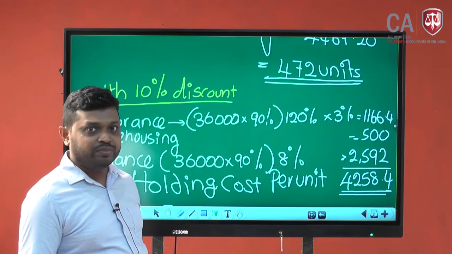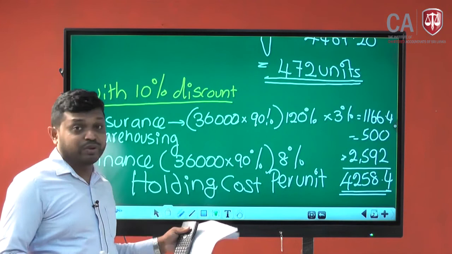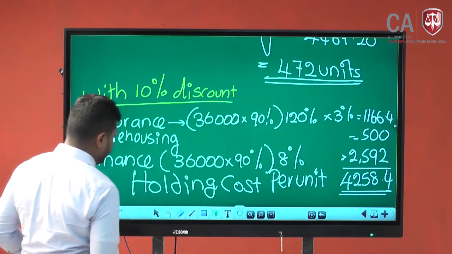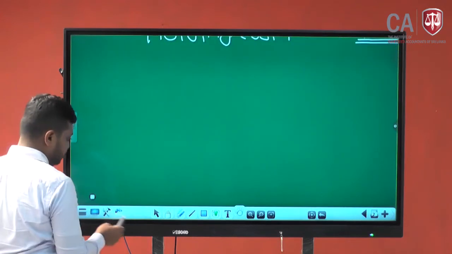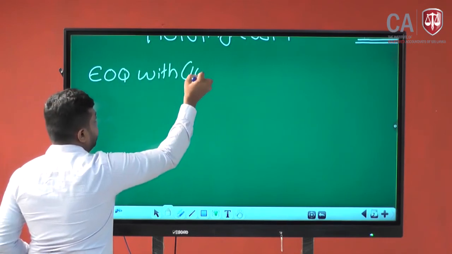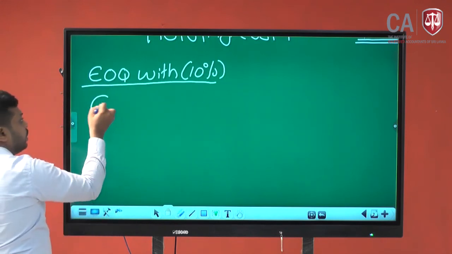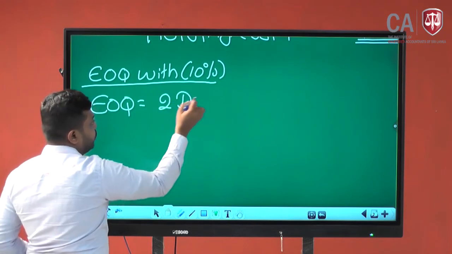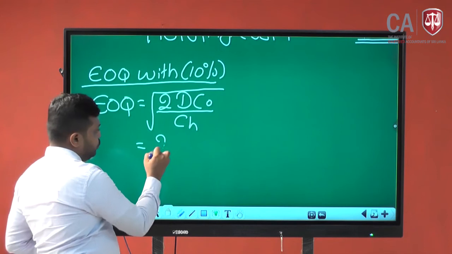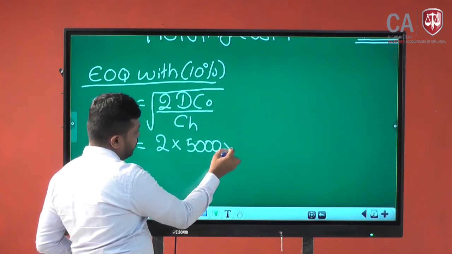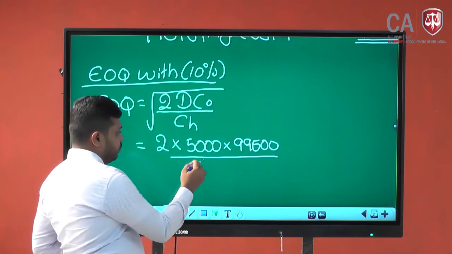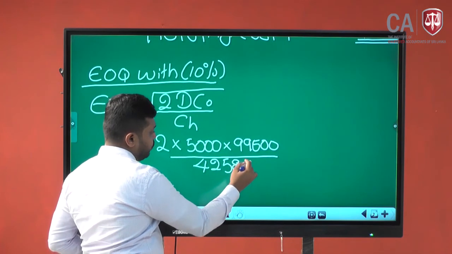Now calculate whether economic order quantity will meet the expectation, because you will get 10% discount only if your quantity is greater than or equal to 750 units. Now we will see the revised EOQ with 10% discount. EOQ equals root of 2 into demand 5,000 per annum, cost of ordering 99,500, divided by cost of holding 4,258.4.